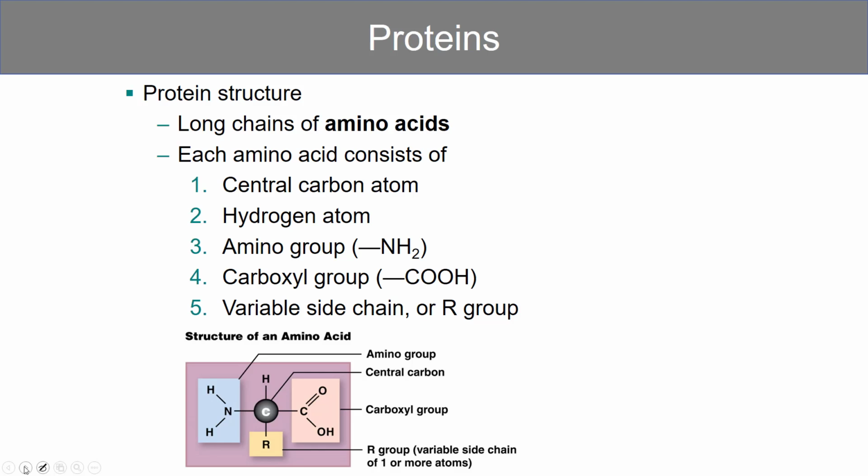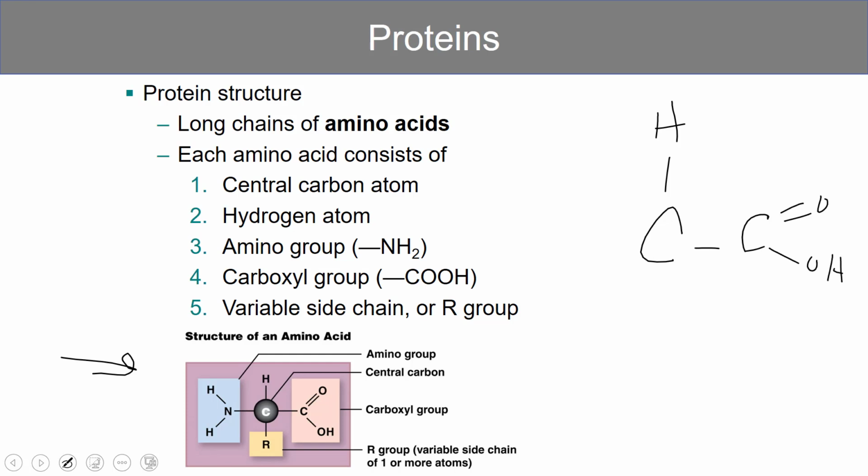And if we consider the structure of an amino acid, we can see that all 20 amino acids share this similar structure down here in this image. They all have a centralized carbon that is attached to a hydrogen, a carboxylic acid group. We just saw that before.